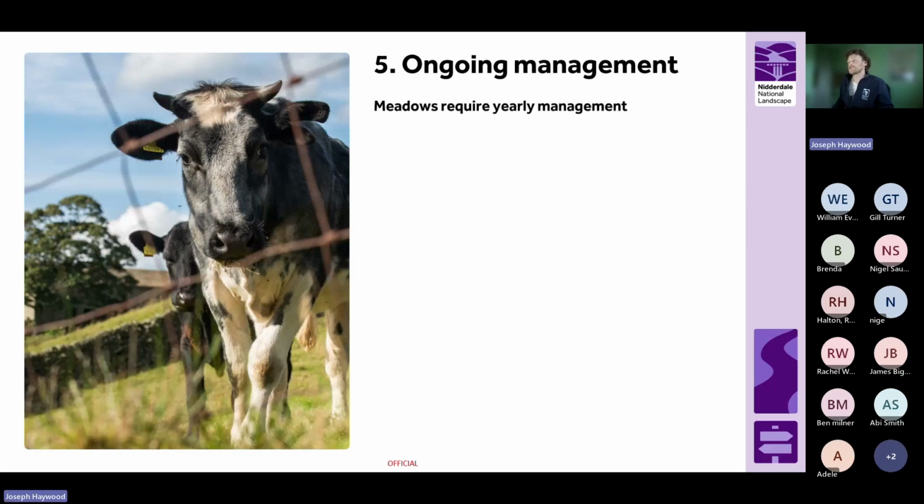So that's immediately after sowing, but you also need yearly management from then on. Say you were going to do all your restoration and it's finished by October 2026. By November, you want to do your aftermath.